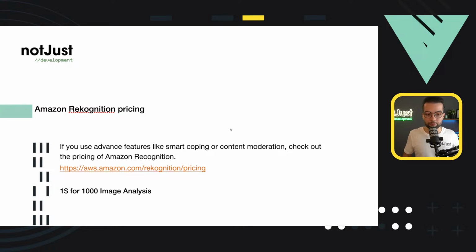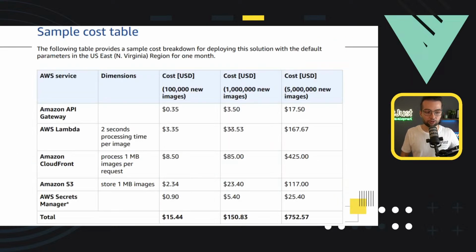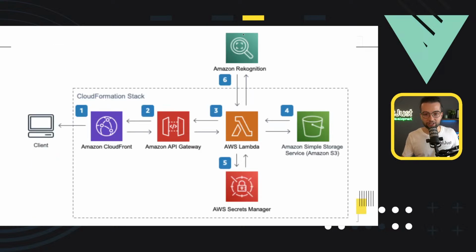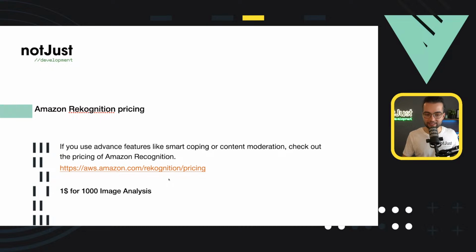And lastly, about the pricing, maybe you saw that in this diagram, the Amazon Rekognition service is not included. This is very important to understand, because if you're using smart cropping or content moderation, you are actually invoking Amazon Rekognition. And Amazon Rekognition is a paid service, and the pricing you can check by following this URL.